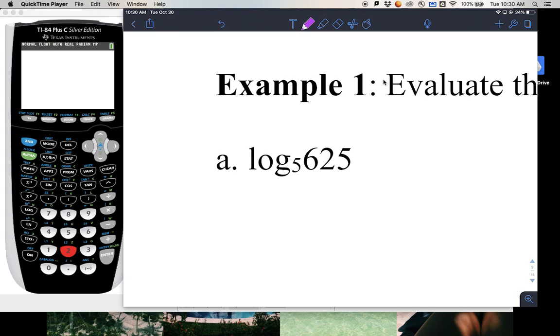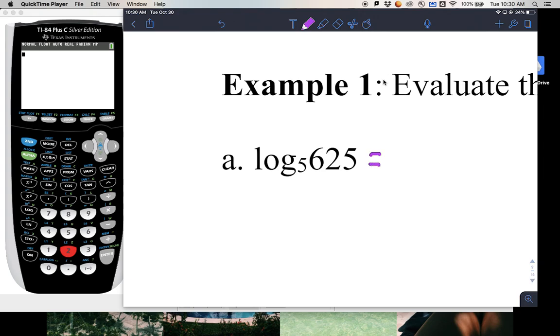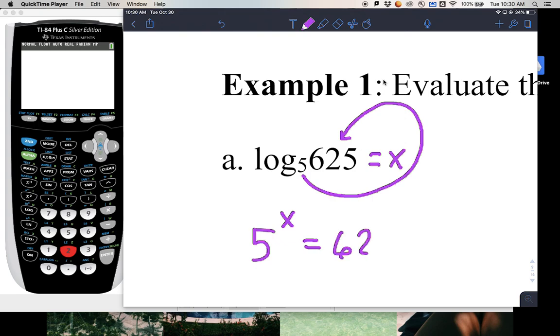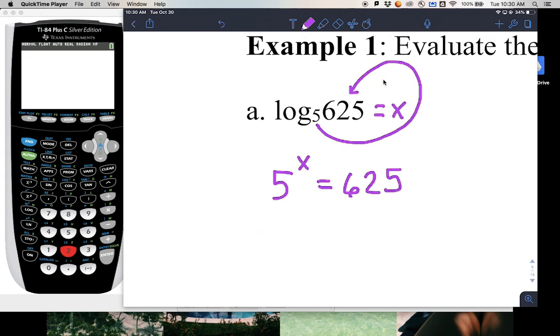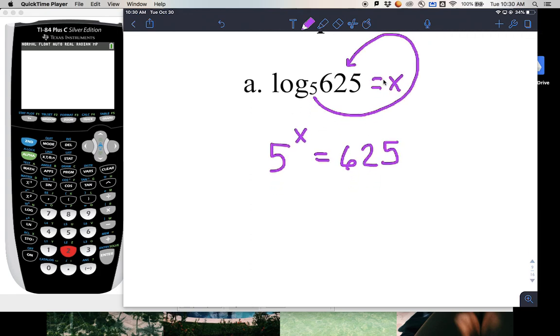So what I like to do on these first here is actually set it equal to a variable. I'm just going to call it x for right now. And then I'm going to switch forms. I'm going to say 5 raised to x equals 625. Then I got to think about the exponent that makes that true. If x is 1, 5 to the first power is not 625.